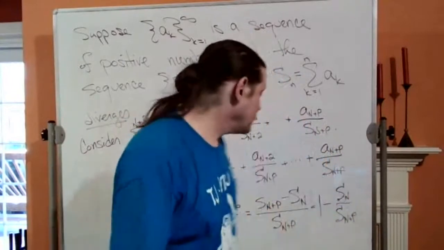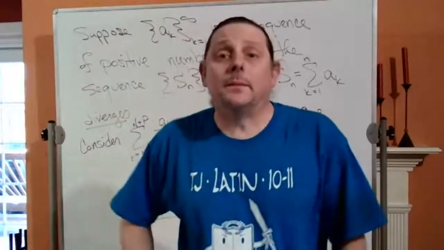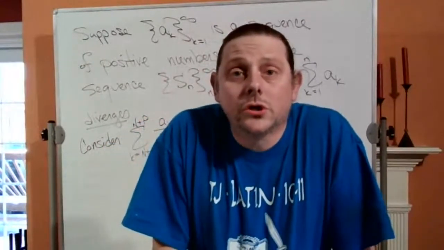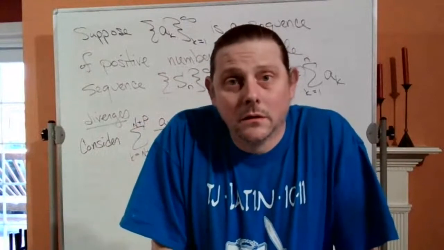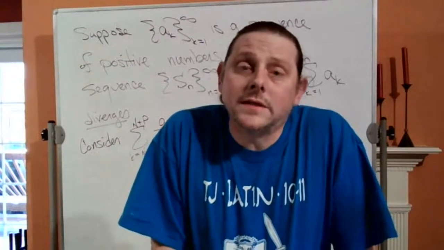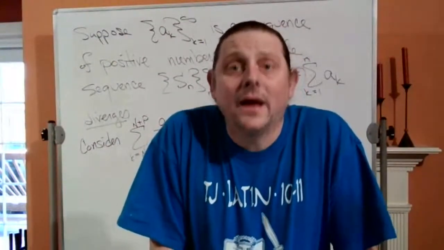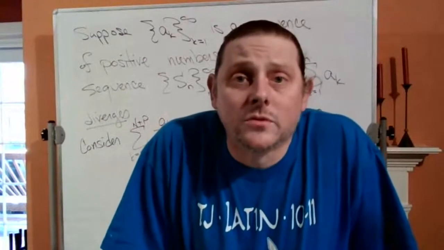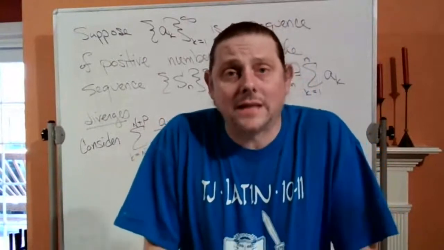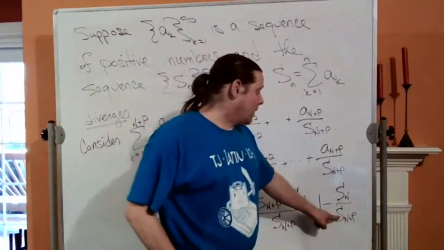All right? So down here, remember, capital N is fixed. It might be very, very, very large, but it's constant. P is not fixed. The statement of convergence was that we had to be able to add any number of terms we wanted past capital N. So I can let p grow without bound.